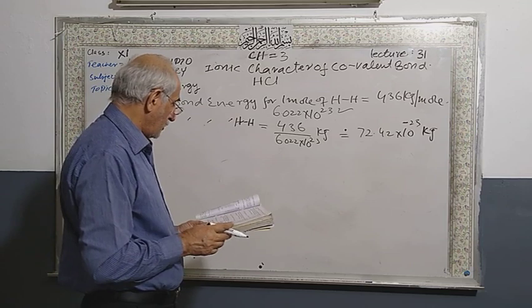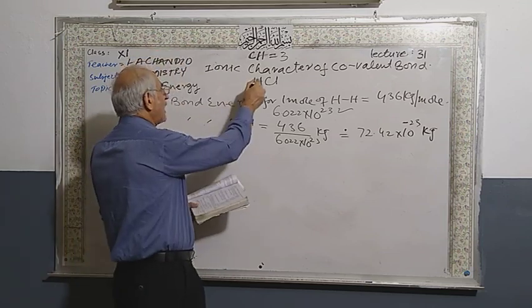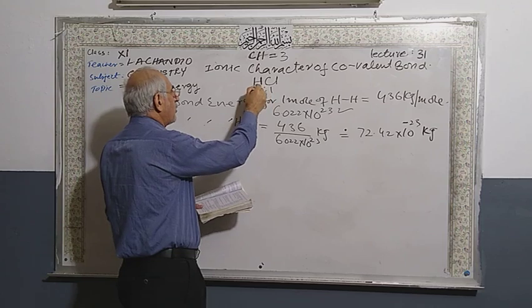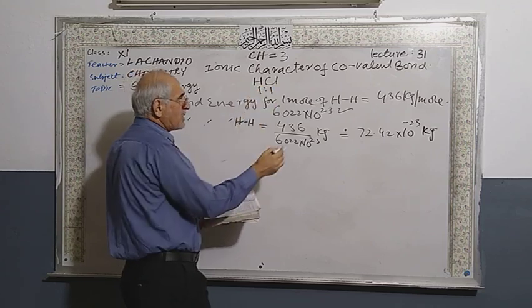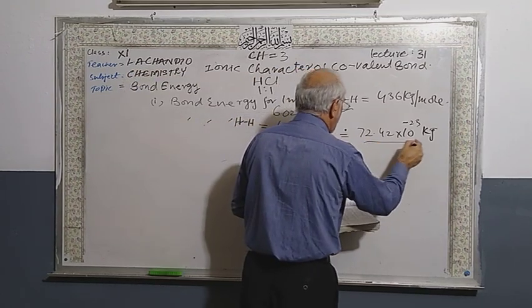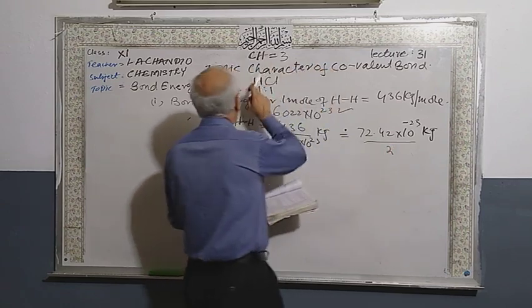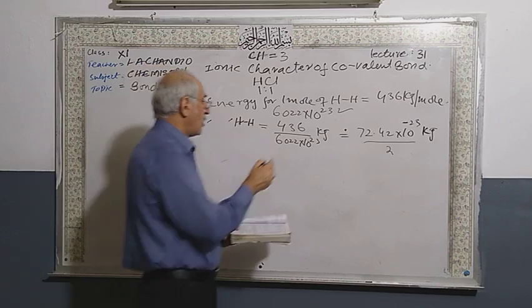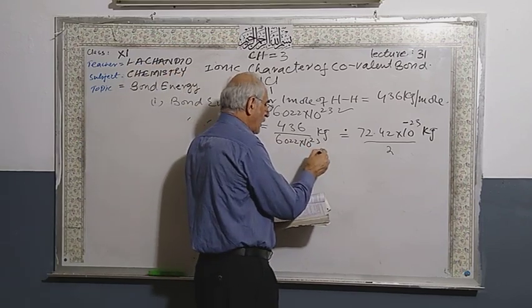Now, in HCl, I told you the ratio of hydrogen and chlorine is 1:1. Means this value can be divided by 2 to get the value for 1 hydrogen atom.